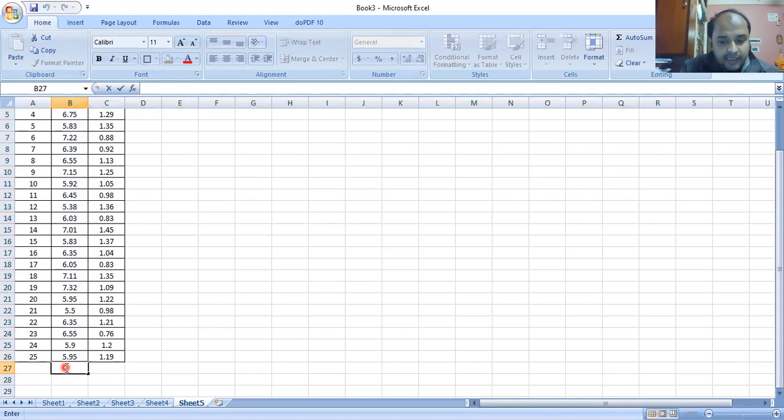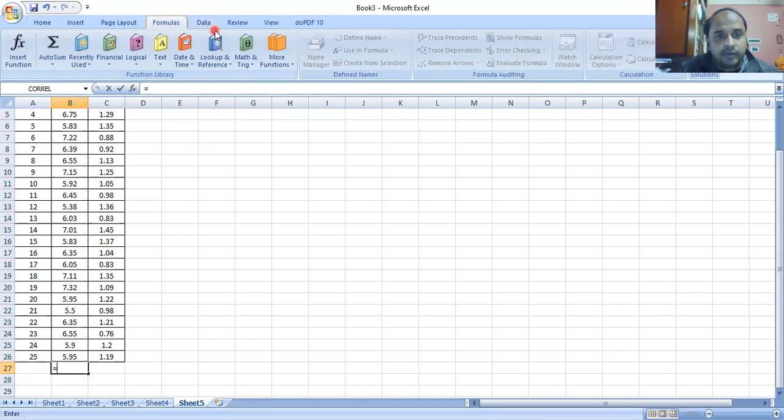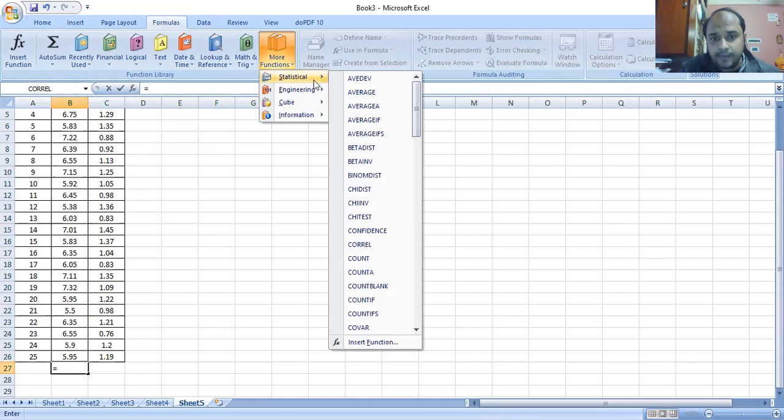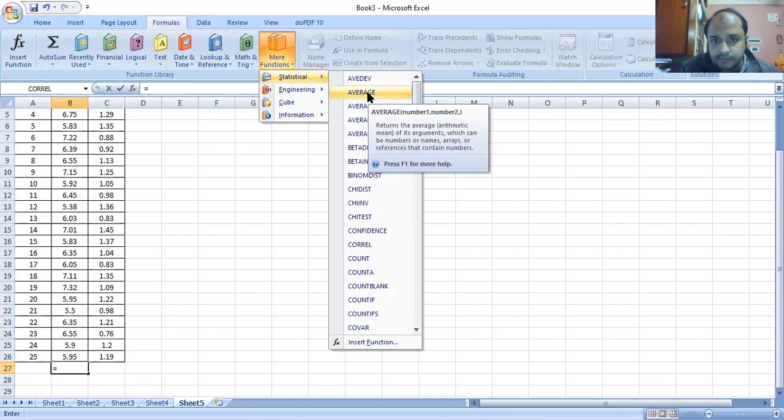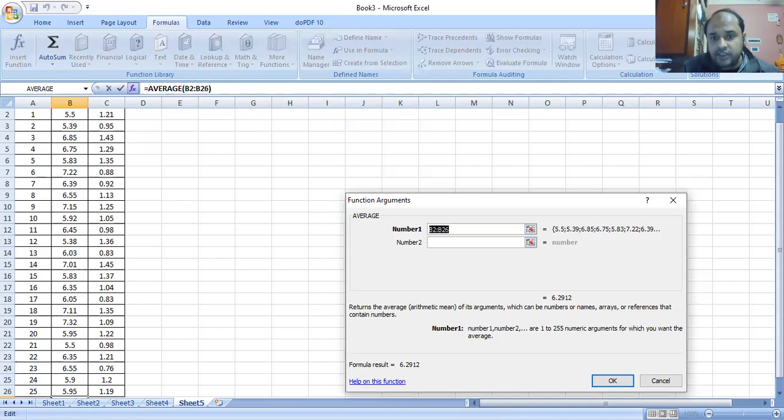Then I double click the cell and put an equality sign. Then I take my cursor to the formula section, where you can see More Functions. In More Functions you will see the category called Statistical, and there is an option called Average. I'm going to click on it.